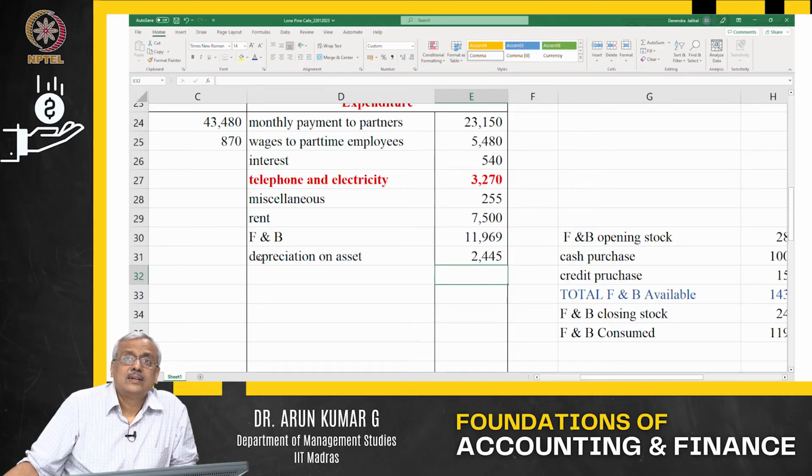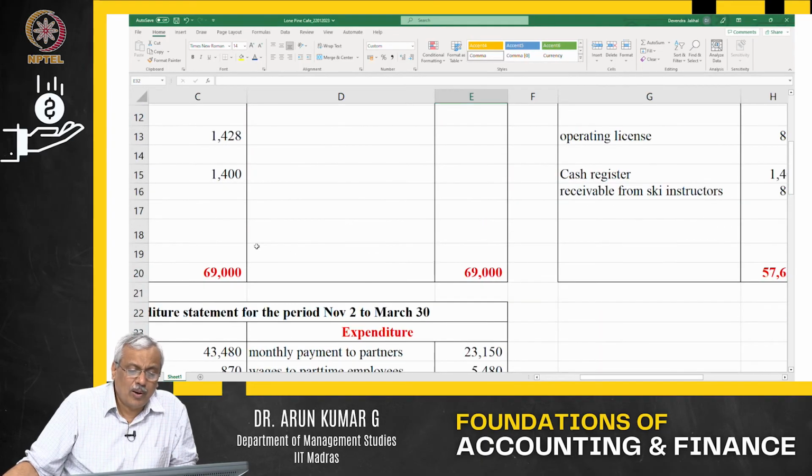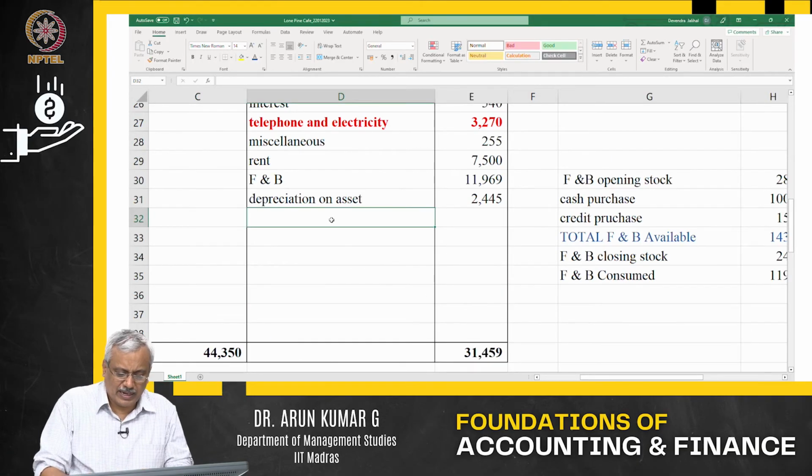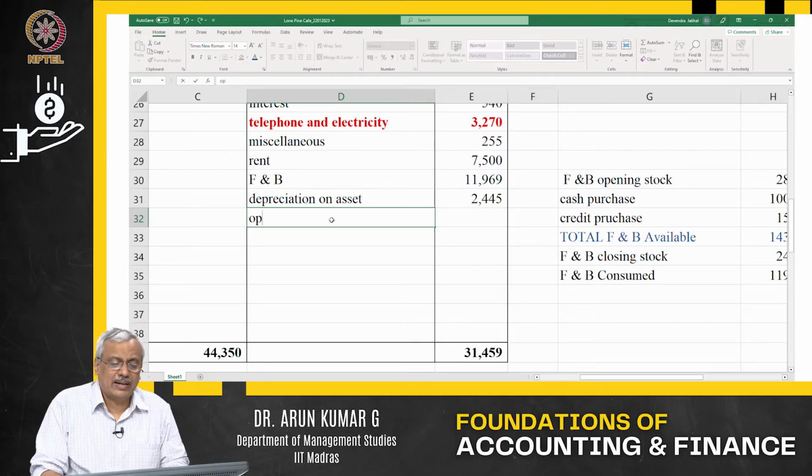Next, you also see that your operating license was 1,428. Now it is worth only about 833. That means you have enjoyed the benefits of the operating license. That is the value of operating license utilized.